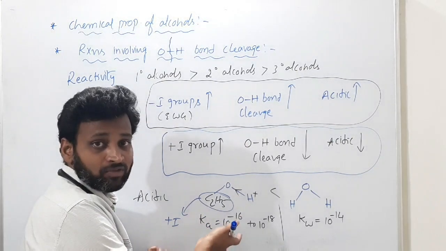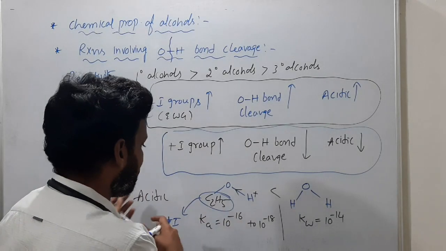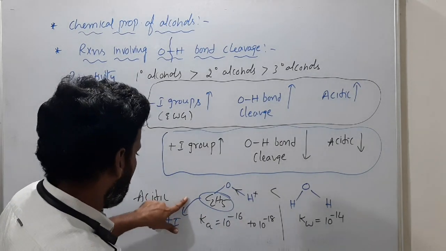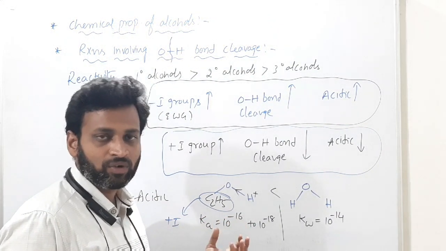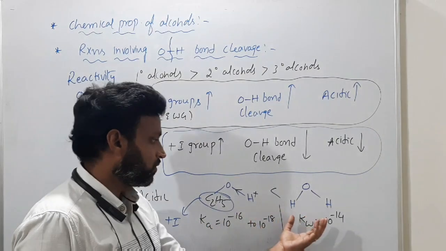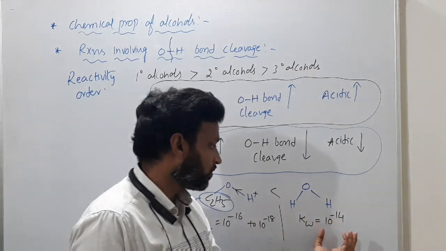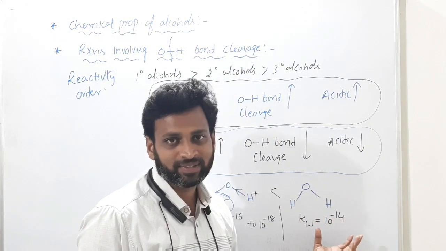So less acidic means we can drink, sir, don't say like that. Some different things are there due to consumption of alcohol. So it's not good. Water has more acidic nature, but still it is better for us.